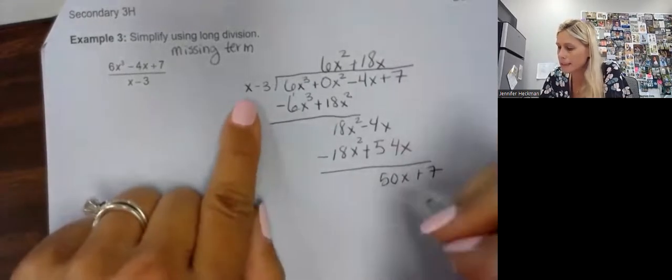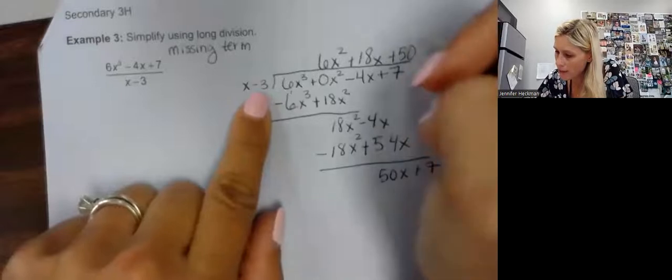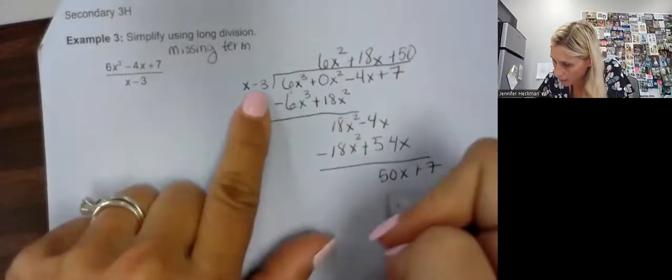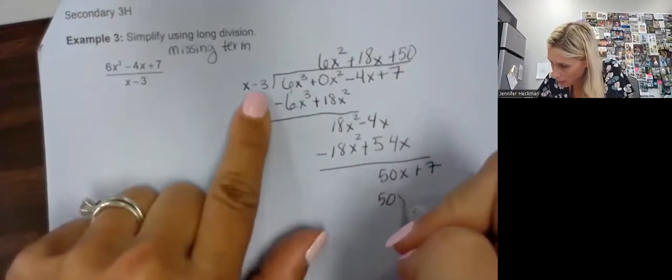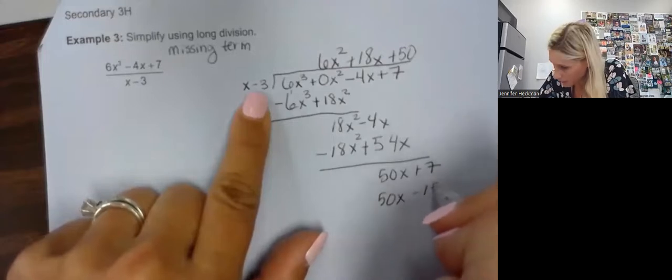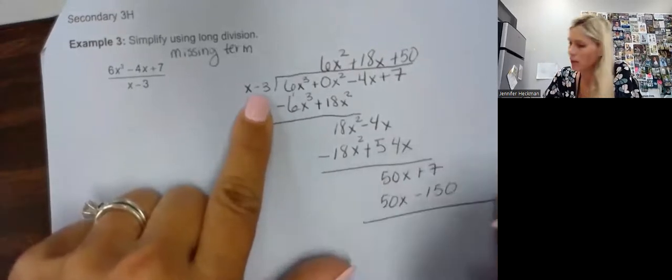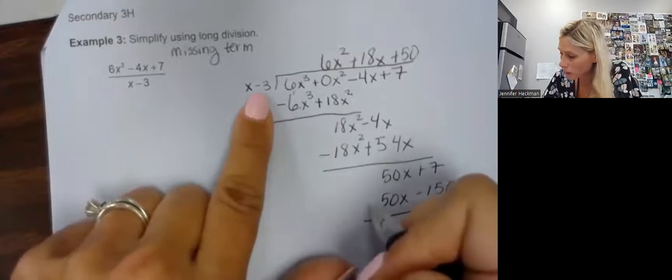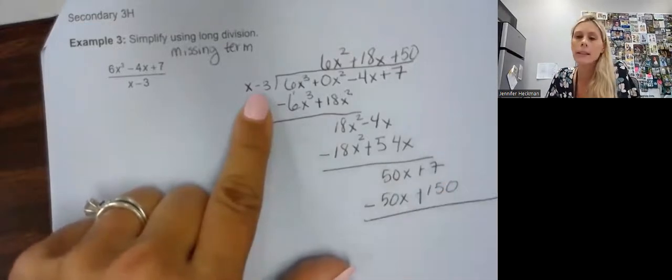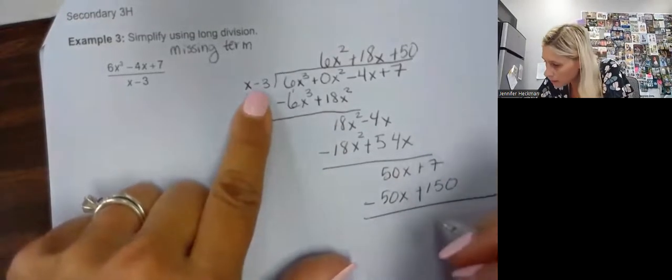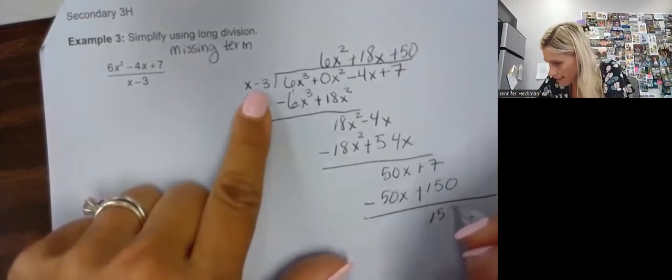What times x is 50x? Well, that is 50. And then 50 times -3 is -150. Okay, I need to subtract, which means I'm going to change the signs and add straight down, which gives me 157.